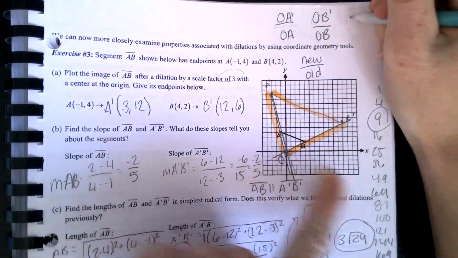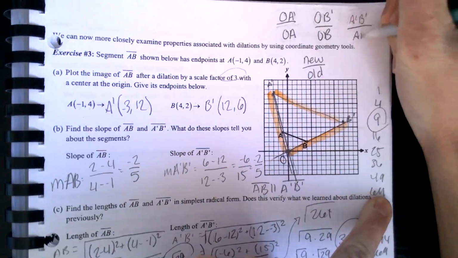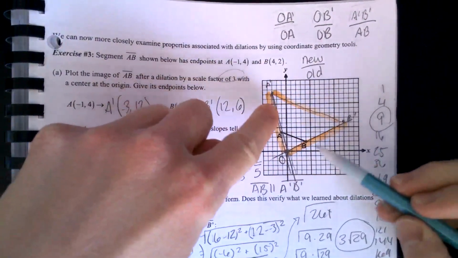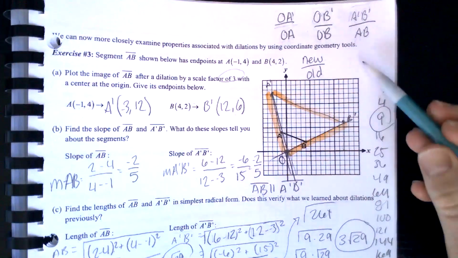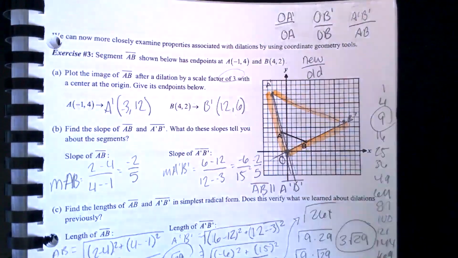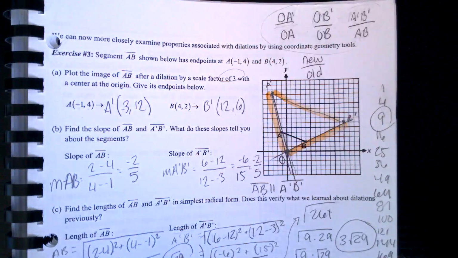And the third one is A prime B prime over AB. A prime B prime is the image of AB after the dilation. Okay, so these are three different ratios that we could use if we wanted to find the scale factor.